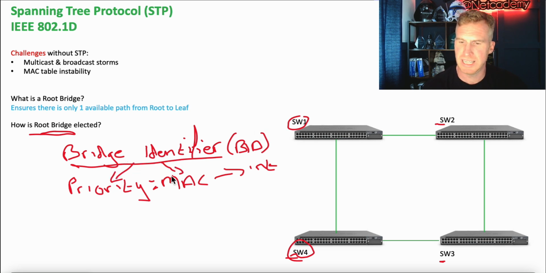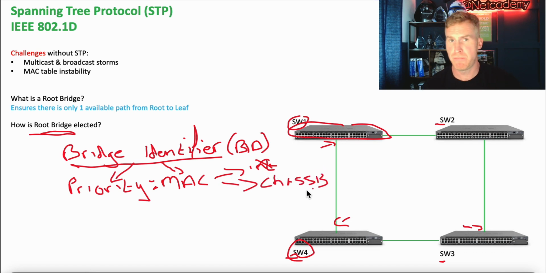But that MAC address is not of this interface here, or this interface down here, or that interface. Nope, it's none of those. It's for that device itself, so not of the interface, but of that chassis. As such, every bridge identifier should be unique because we're going to have different MAC addresses, of course.